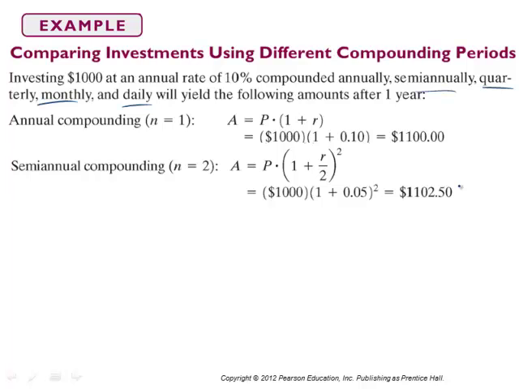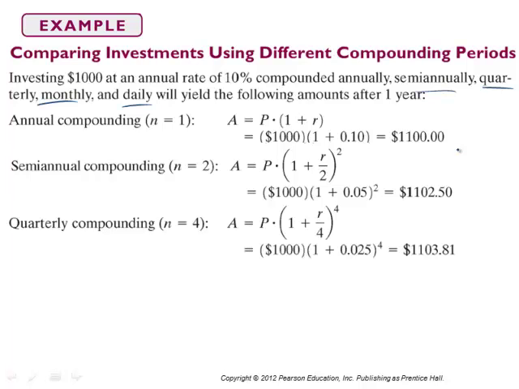Okay. So based on what you see here, do you have reason to believe that quarterly compounding is going to do even better for us? What do you think? Give us a little bit more money? Well, here's our quarterly compounding. So n changes from 2 to 4. Other than that, it's the same calculation.